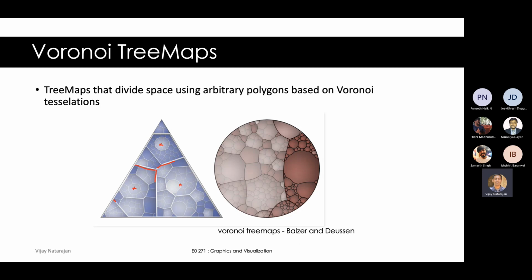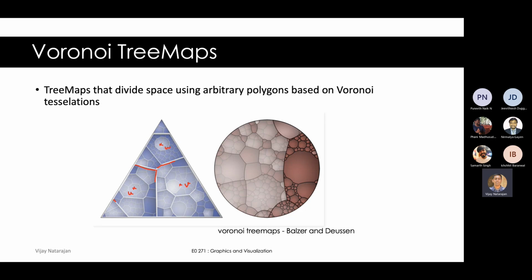For example, this point V will try to capture all the points that are closer to it than to U and W. So this will give you a polygonal region centered at V. Similarly, U gets a polygonal region centered at U, and W gets something like that.